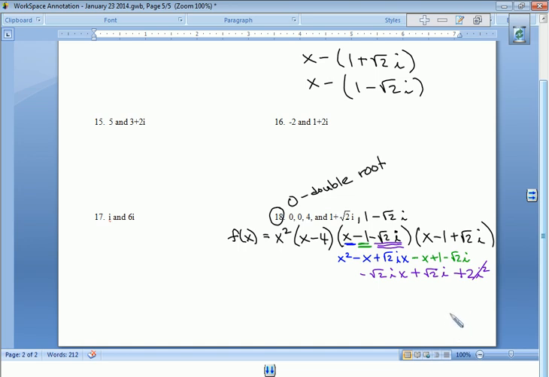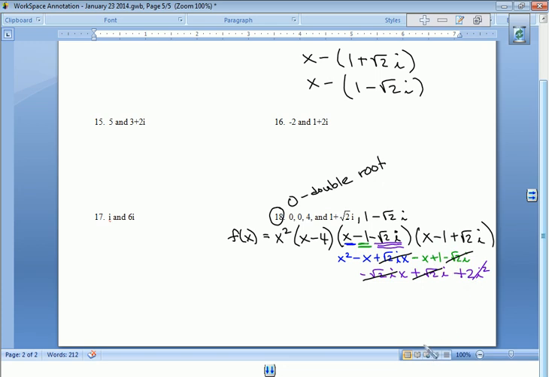All right, so what was left? Now this is where, just like when we were doing synthetic division, nice things happened. This is where nice things should happen. So let's see if they do. Do you see here I have a positive root 2ix, and here I have a negative root 2ix. Do you see here I have a negative root 2i, and here I have a positive root 2i.